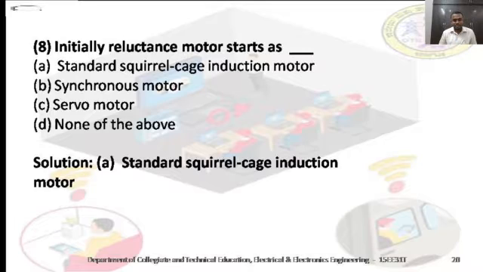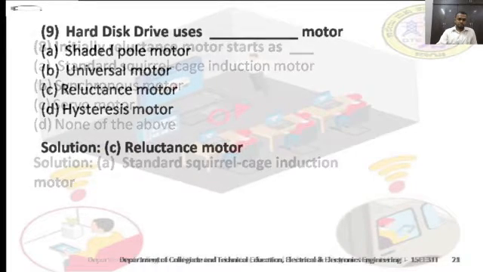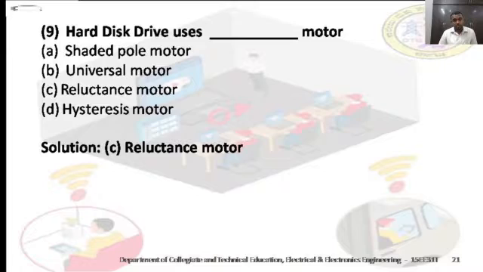What is this reluctance motor used for? In hard disk, this is dash motor: shaded pole, universal, reluctance, or hysteresis motor. Here also we use reluctance motor. In hard disk, we are going to use reluctance motor since it has to run at constant speed, and as well because of sound noise.